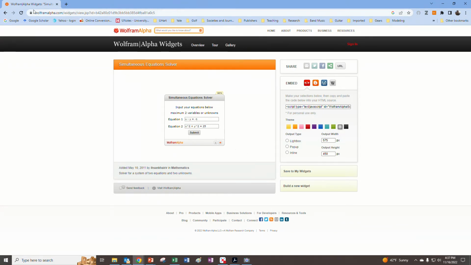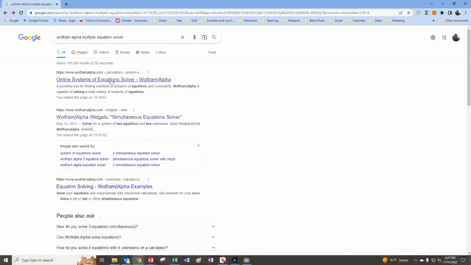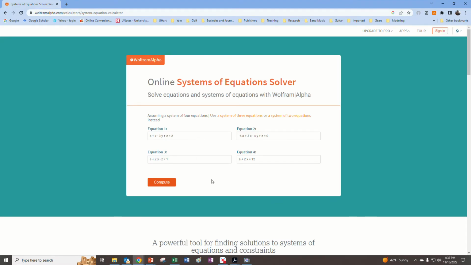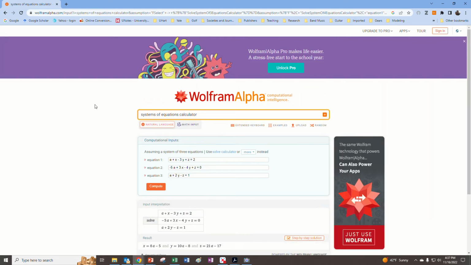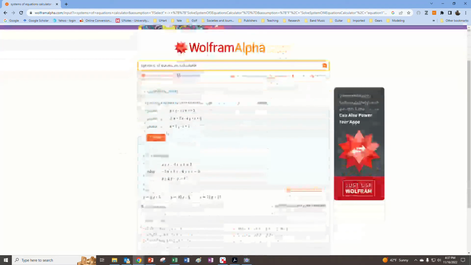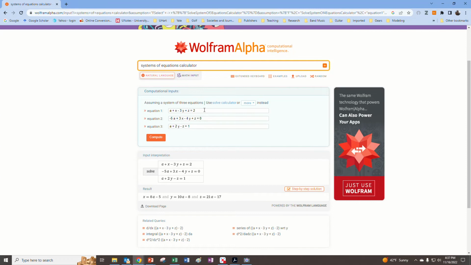I guess I went to the other one. Okay, so this is for 4 equations, but let me go to the one that has 3 equations. Right there. All right, I don't know how to get to that directly. Maybe if I go on system of equations, but here it is. Does it already have this stuff? No, it doesn't.